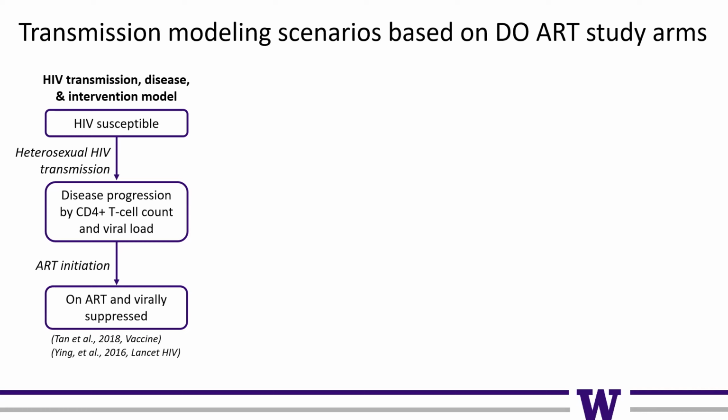Our model tracks heterosexual HIV transmission, disease progression through either CD4 plus T cell count or viral load, as well as treatment with ART, and is stratified by both gender and age.